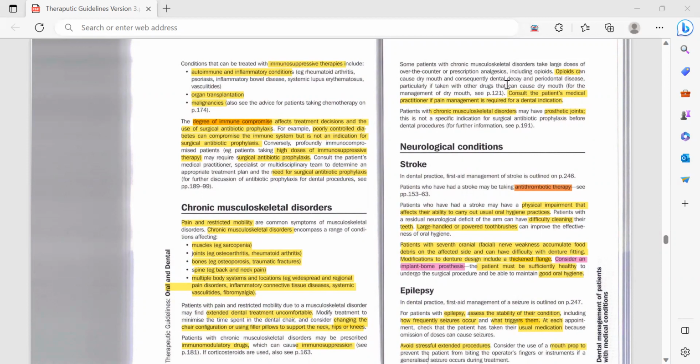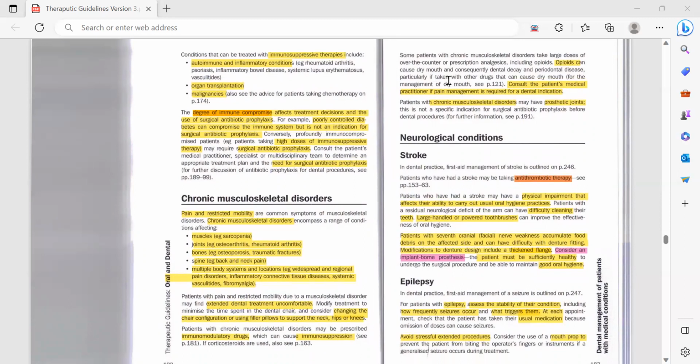So they are so used to taking these over the counter painkillers, and some people would also be taking opiates. Opiates have harmful effects, such as dry mouth, and dry mouth consequently leads to dental caries and gum issues, particularly if taken with other drugs that can cause dry mouth.